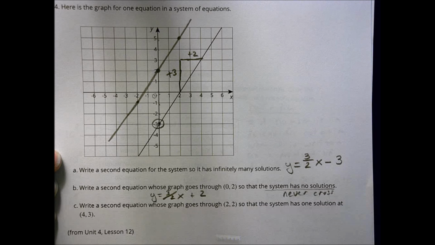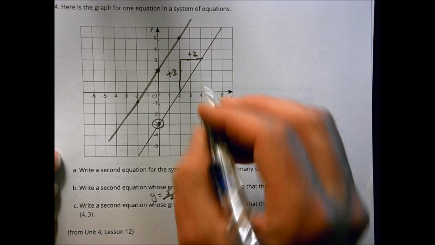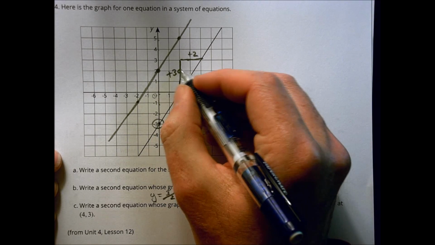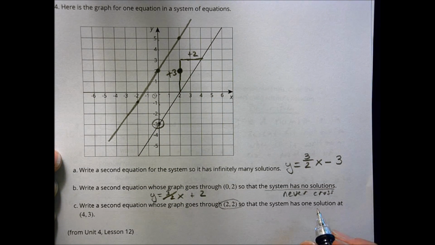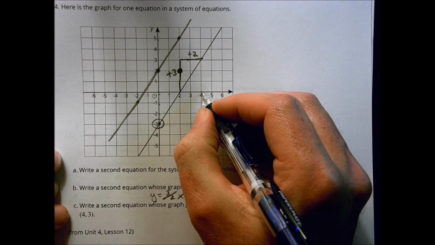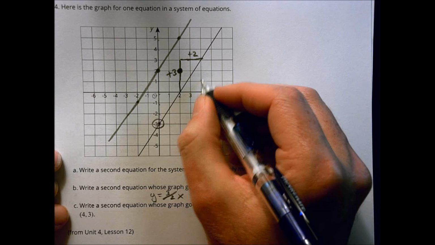Write a second equation whose graph goes through 2, 2, so that the system has one solution at 4, 3. Okay, so it's going to go through 2, 2, so here's 2, 2. It's going to go to that point there, and it has a solution at 4, 3. So 4 and 3, 1, 2, 3, so here.